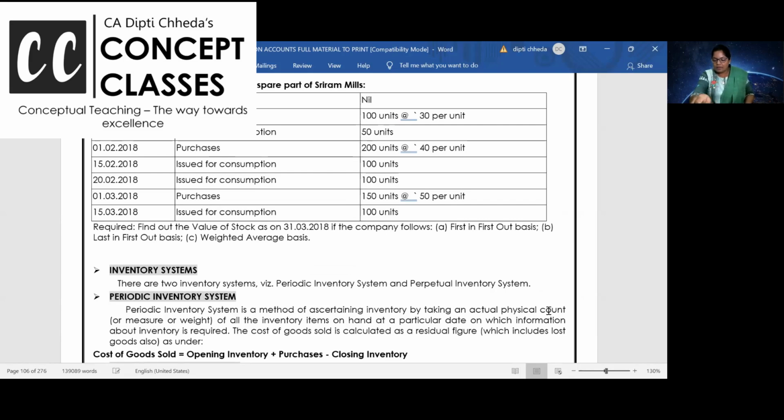Problem number 3, same opening stock, purchase, issue, and so on. You have to do by all the 3 methods.